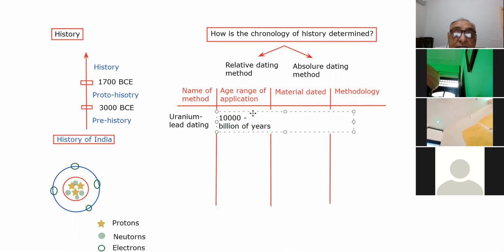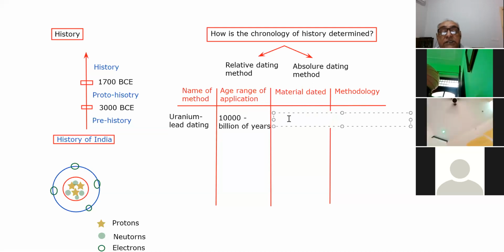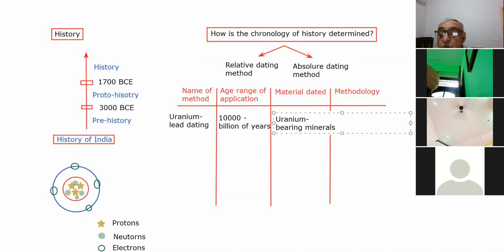It is used for measuring the age of uranium bearing minerals or rocks, right? Uranium bearing minerals, उनकी एज को डिटरमिन करने के लिए हम इस मेथड को यूज करते हैं.